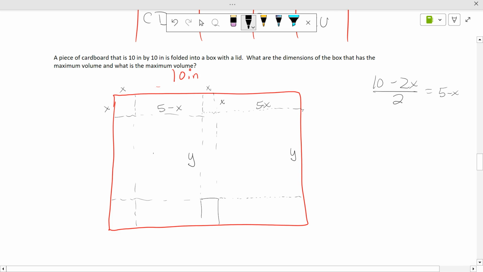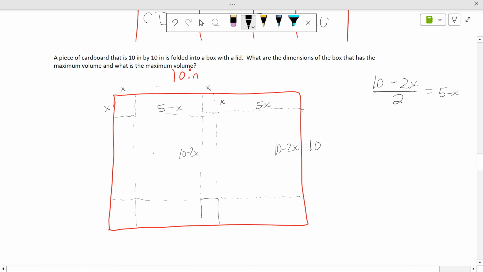So if this is 10 inches on this side, I'm cutting off X here and X here. So this dimension would be 10 minus 2X.